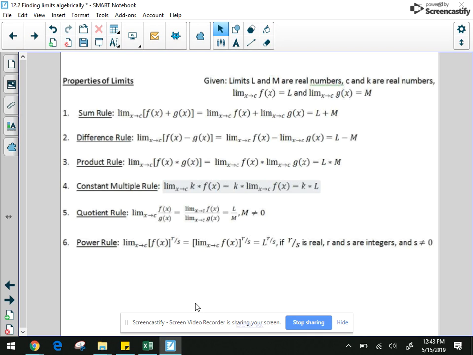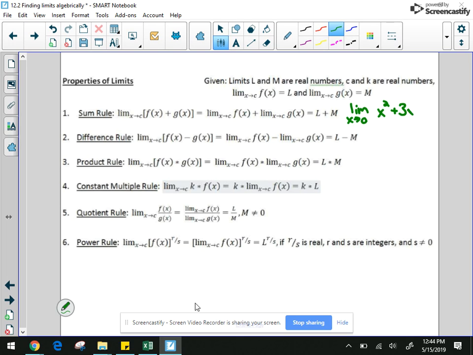In this first rule, the sum rule, if I take the limit of the sum of two functions, it's the same as taking the limit of each function individually and then adding those together. So a really easy example, let's say I have the limit, I'm going to make up a number here, as x goes to 0 of x squared plus 3x.